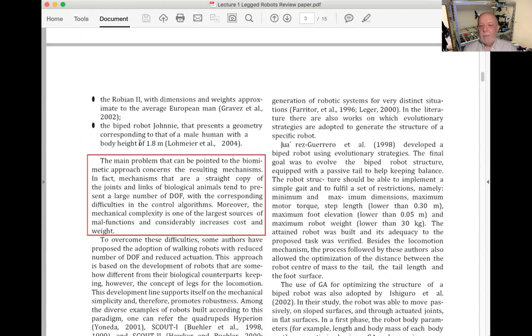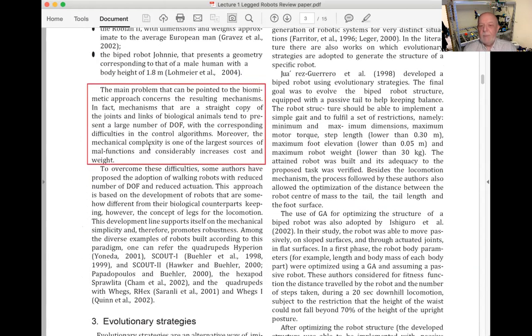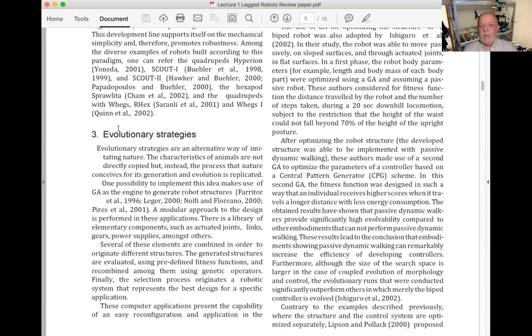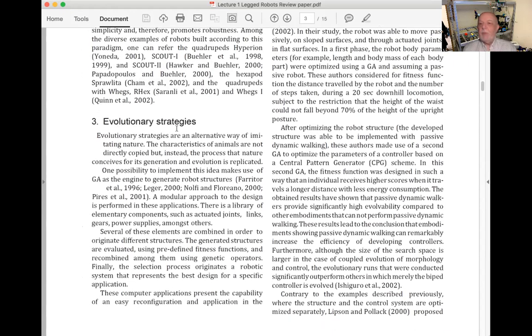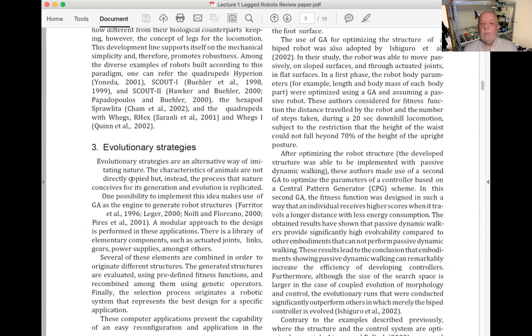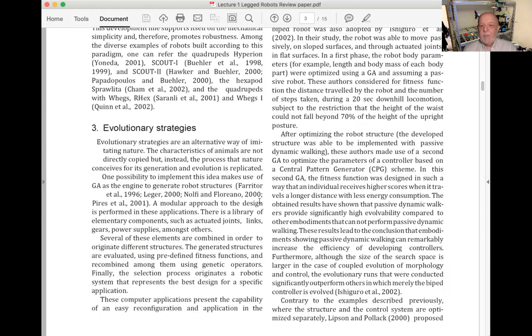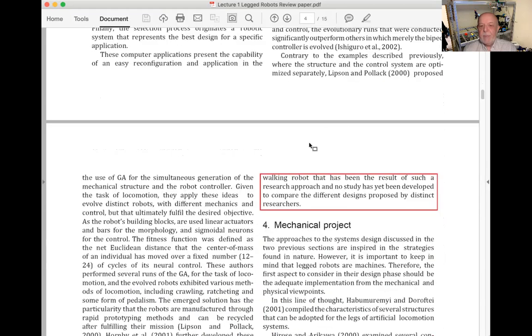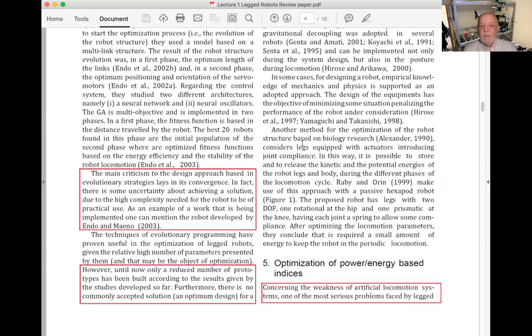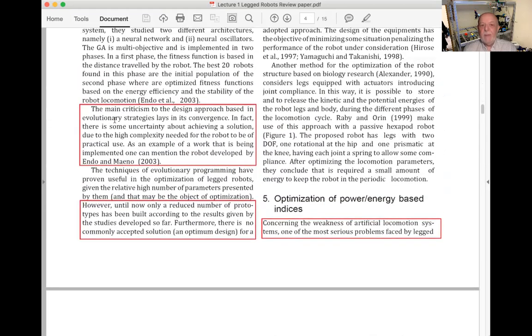If we go down now, it's divided up into a number of sections. If we look at evolutionary strategies as an example, it talks about a few papers. And then what it says down here is: the main criticism of the design approach based on evolutionary strategies lies in its convergence.